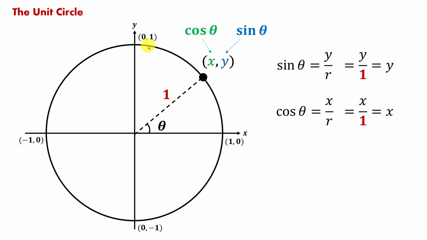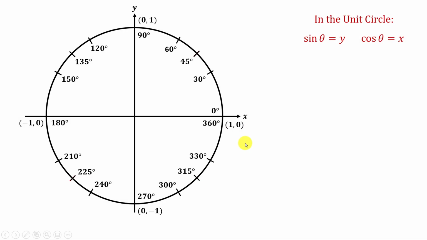Let's expand this idea a little bit further. Here's the unit circle again, but now it's labeled with the angles. And I know that I'm looking at the unit circle because I can see the coordinates like 1, 0 or 0, 1. And now as I look at those coordinates, they are more meaningful to me because, as we just said, the y-coordinate represents sine of angle theta and the x-coordinate represents cosine of angle theta.